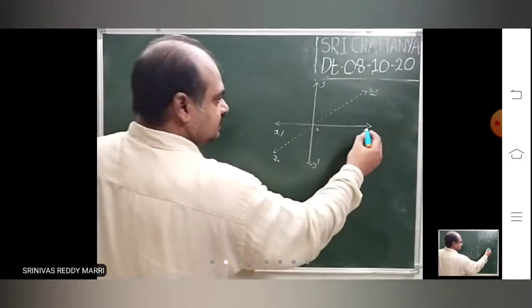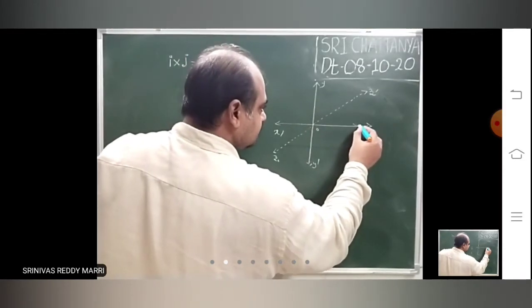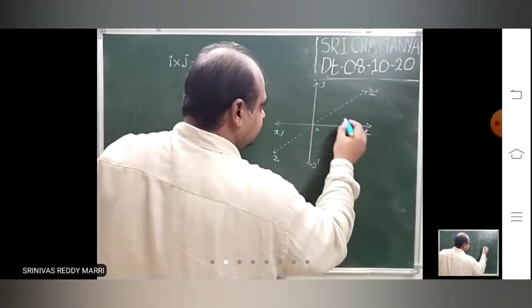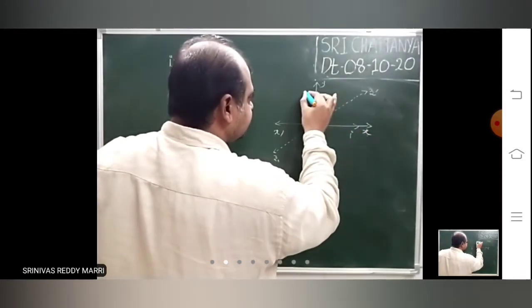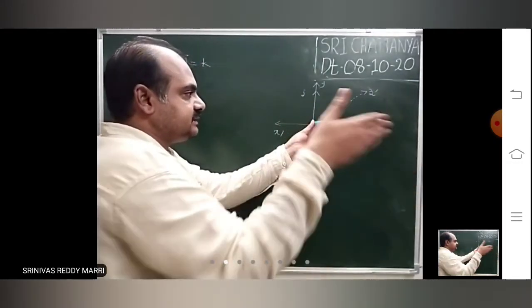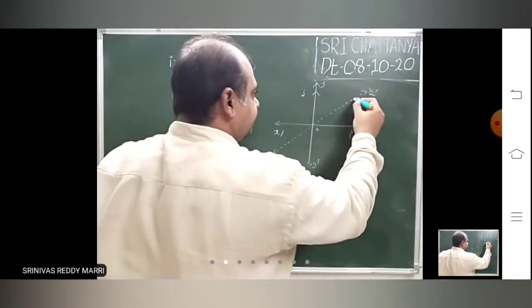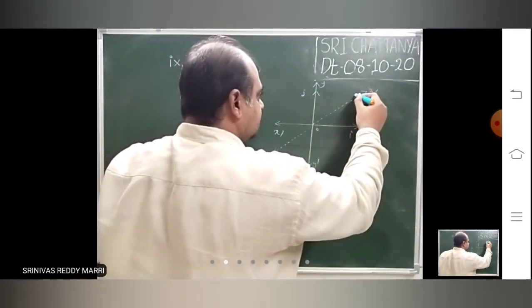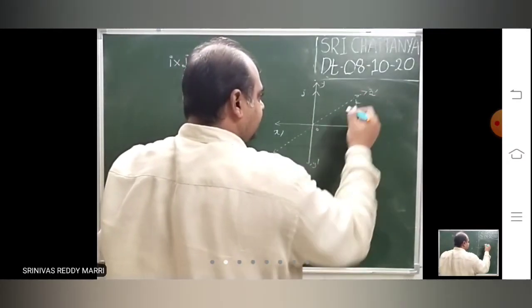Along this direction, i bar will be there. Along this direction, j bar will be there. And towards this direction, k bar will be there.